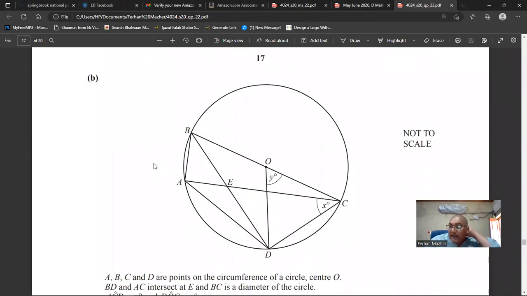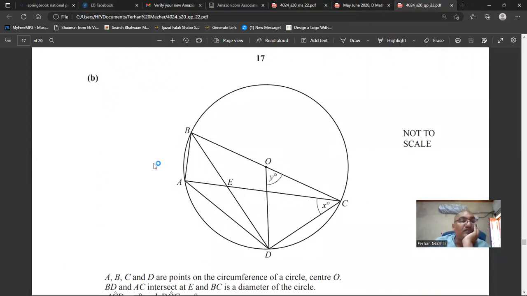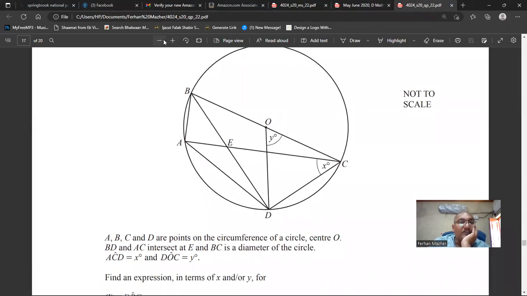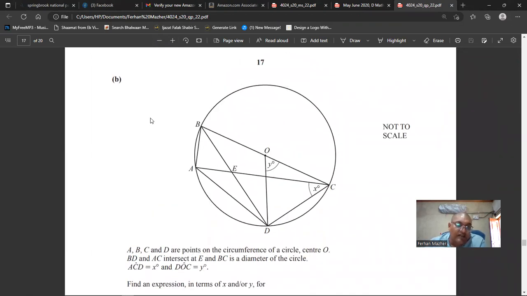So question number 9 is B part. Here we have a circle property, a circle, and they want us to find out. Their question is, he says, A, B, C, and D are points on the circumference of a circle, center O. BD and AC intersect at E, and BC is a diameter of the circle.